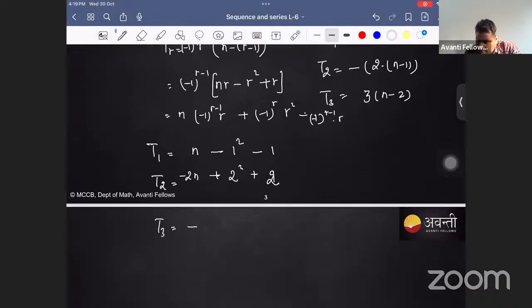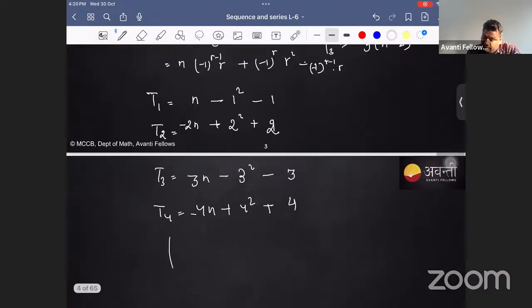T3 is 3n minus 3 square plus 3. One more time, I will write T4 is minus 4n plus 4 square minus 4 and so on and so forth. It is correct.